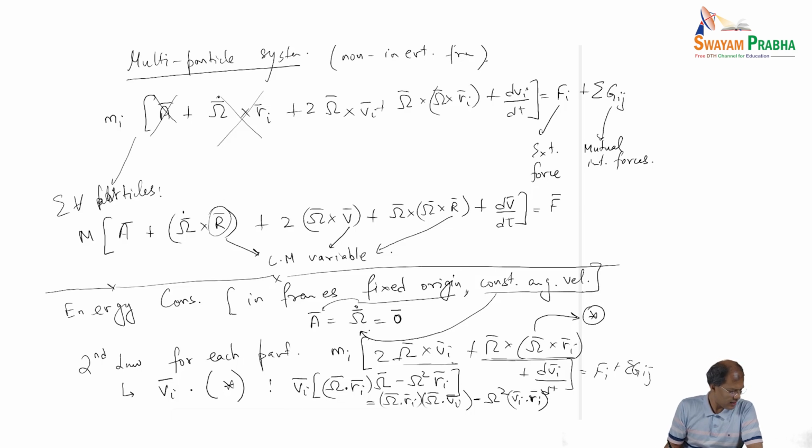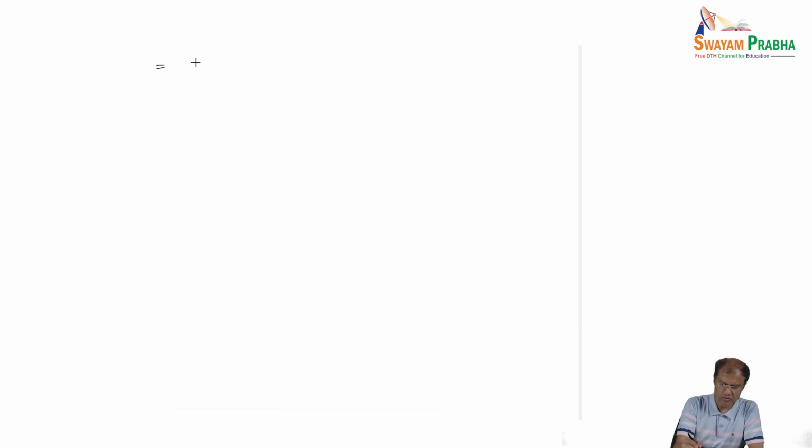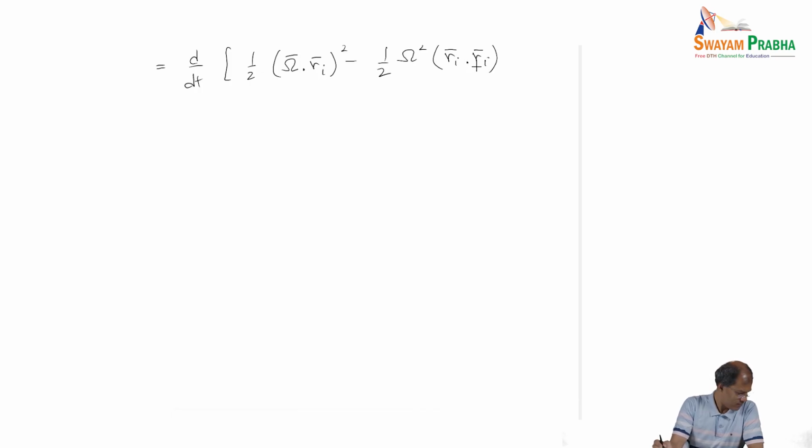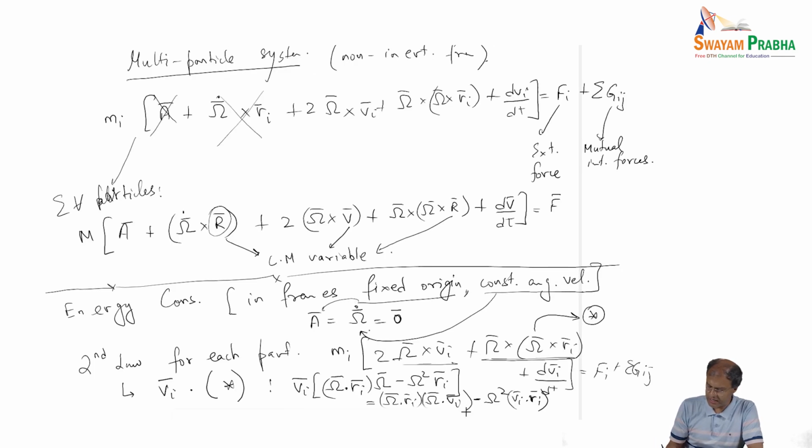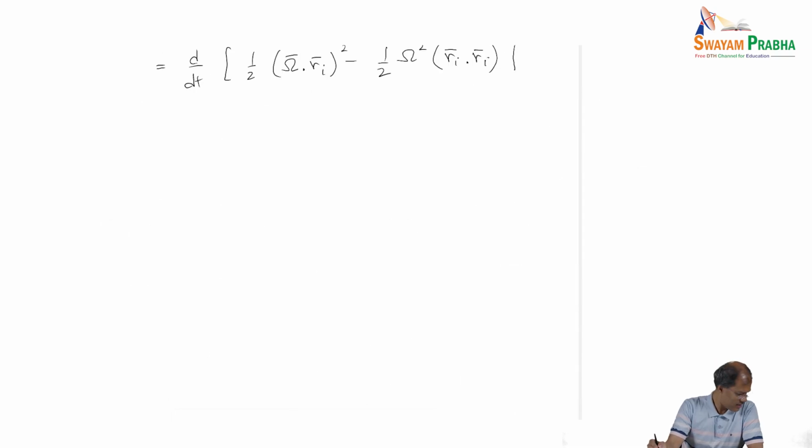So now let me rewrite this term. This equation is going to be ddt of half omega dot Ri square minus half omega square Ri dot Ri. Notice the Vi, we have changed it into the formula for Ri by taking a time derivative outside this entire term.